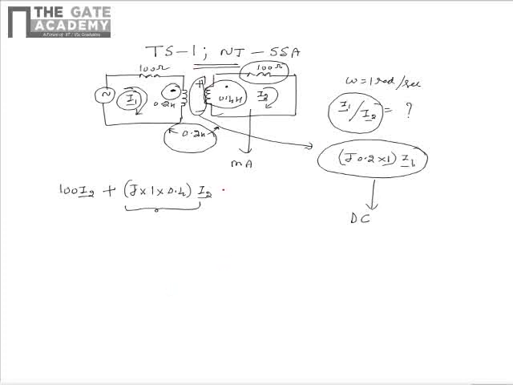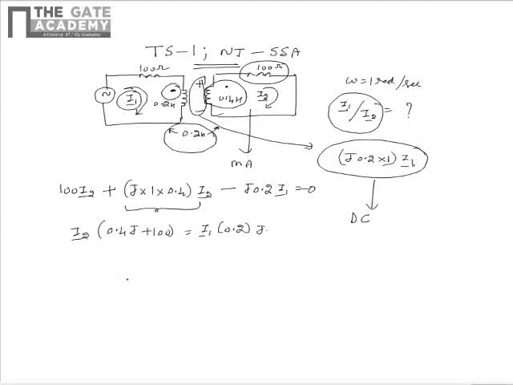So from KVL we see that this can be written as minus J 0.2 I1 is equal to 0. This upon simplification can be written as I2 multiplied by 0.4 J plus 100 is equal to I1 multiplied by 0.2 J.